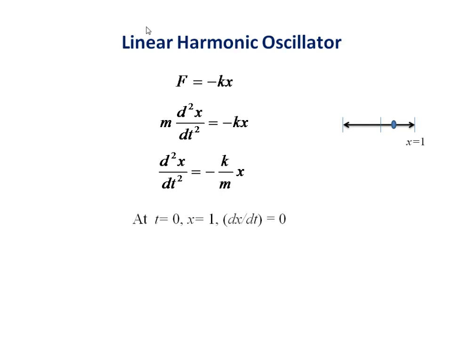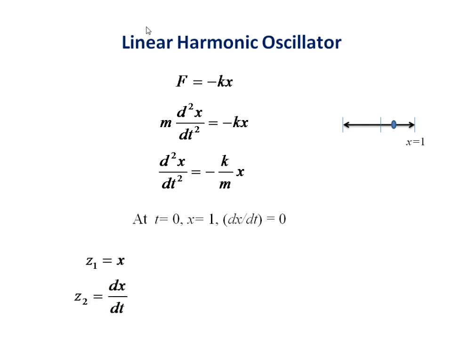Let the motion of the particle start from the extreme position, that is x is equal to 1. Therefore, at t equal to 0, x is 1. Also, at the extreme position, the velocity of the particle is 0, so dx by dt is also 0.